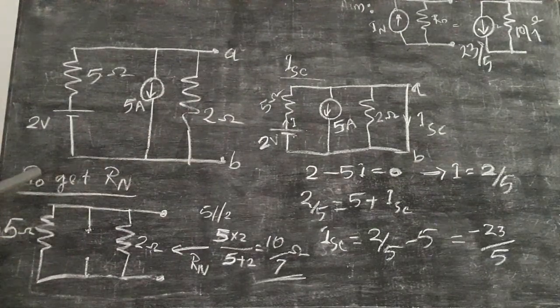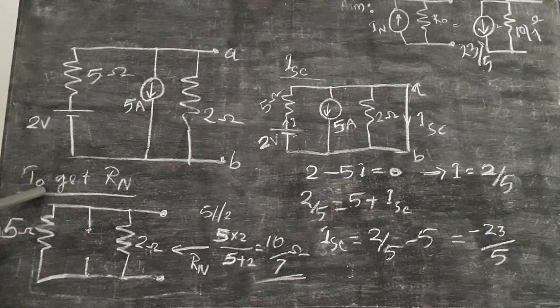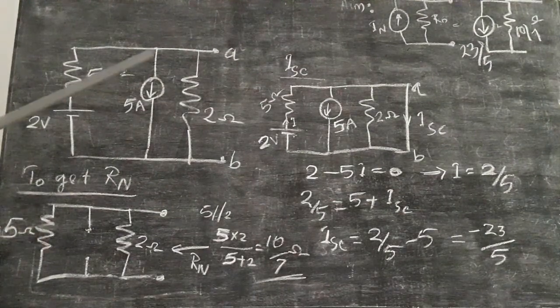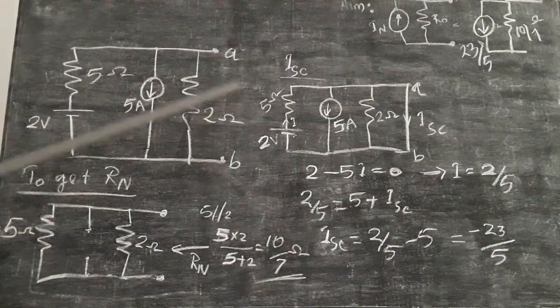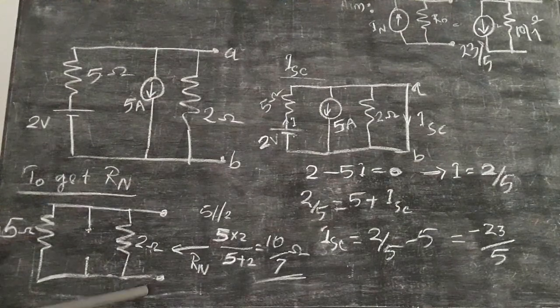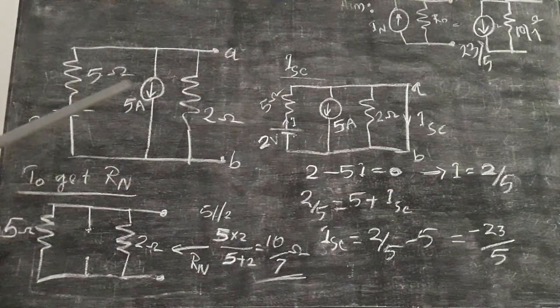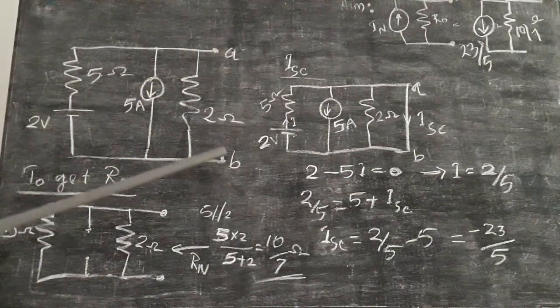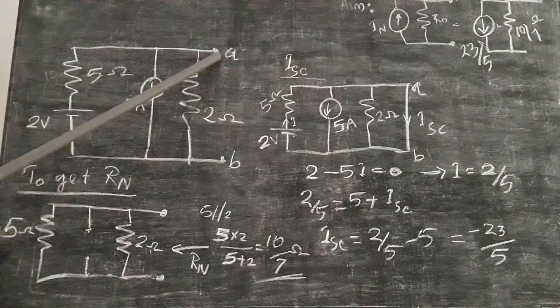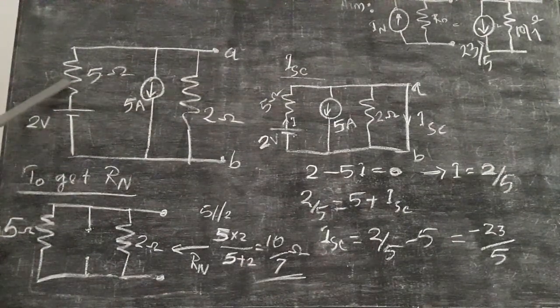First, we are calculating the Norton equivalent resistance. To get it, if the circuit has no dependent source, then we open the terminal. It's already opened. The AB terminal is open because in the question it is asked to find the equivalent across AB. So, we have to calculate the Norton equivalent of the left side.